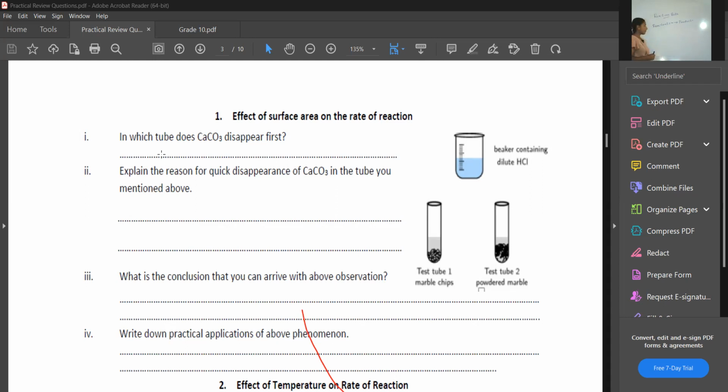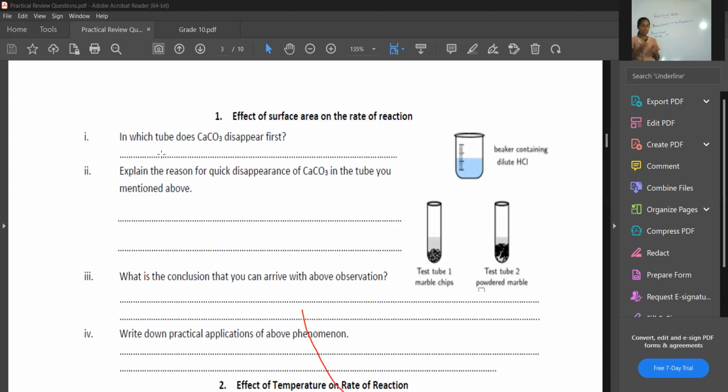So to calculate the reaction rate, or to get an idea about the reaction, we use the reactants or the products, right? There are two methods that we can use to calculate the reaction rate.